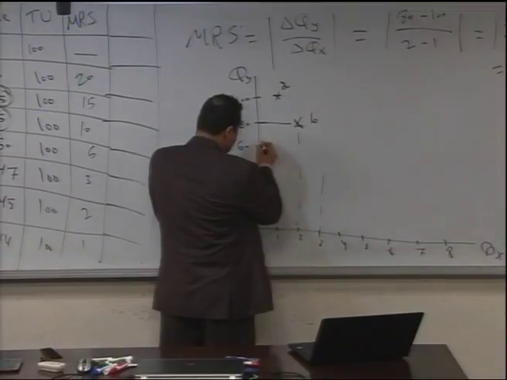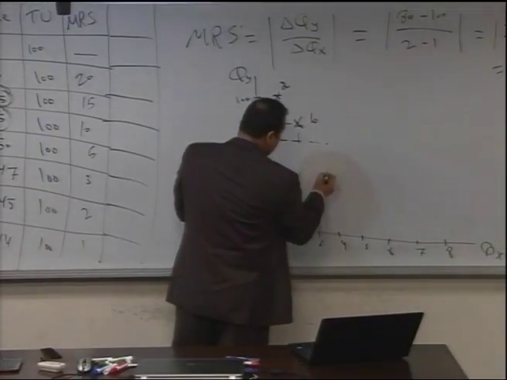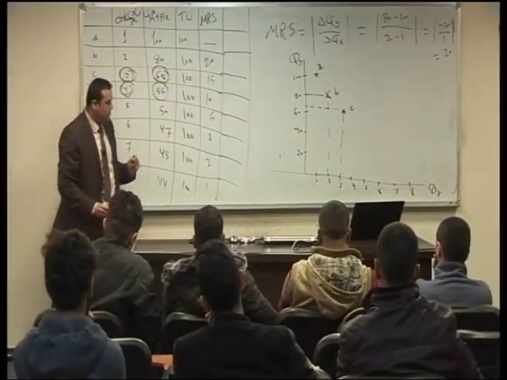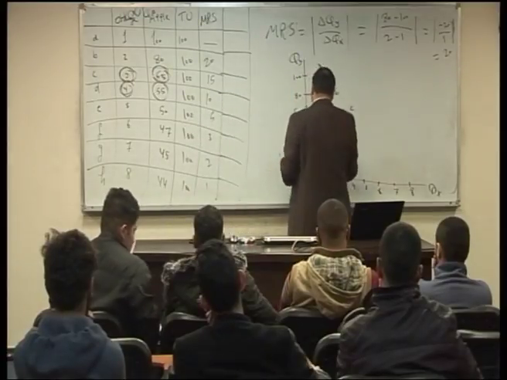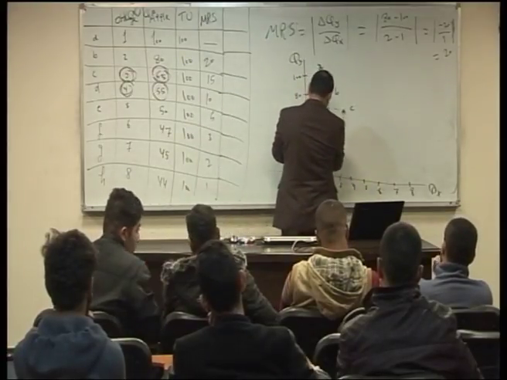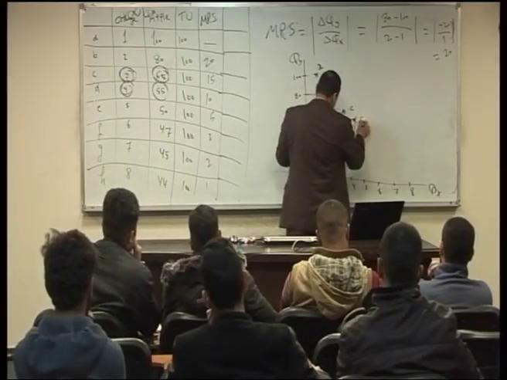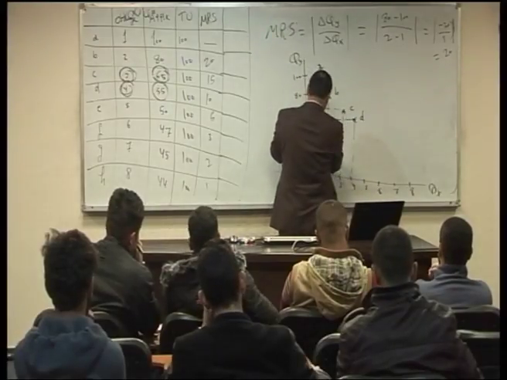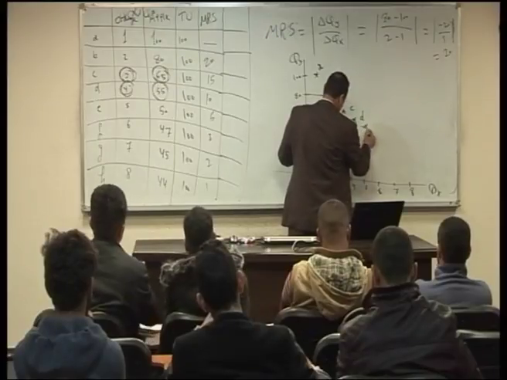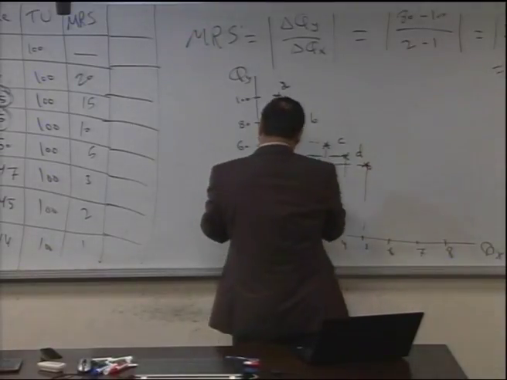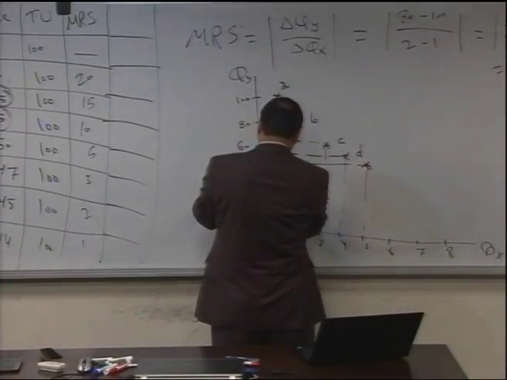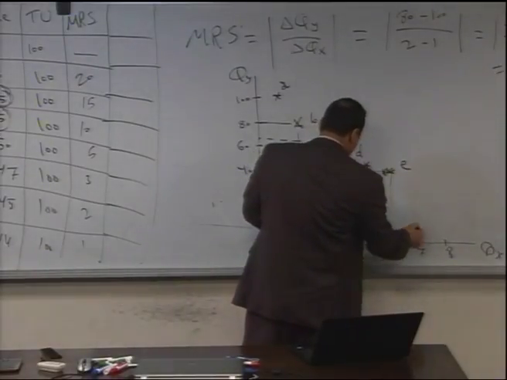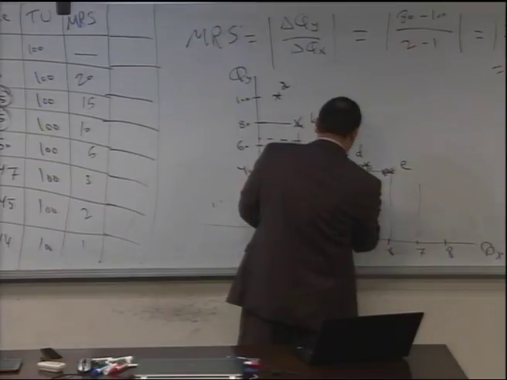Then 4 and 55. D is 5 and 50. Then E is 6 and 47. Then F, and 44.